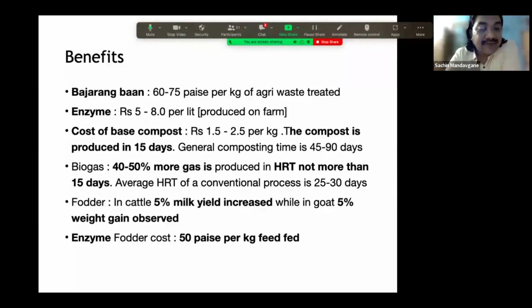So the last line I'm reading: cattle are typically fed 10 kgs of fodder per day. So he will have to spend an extra 5 rupees, because 50 paise per kg for 10 kgs is 5 rupees. Cattle, Indian cows, on which we tested the Gir cow, the average milk yield is 10 to 12 liters per day per cow.